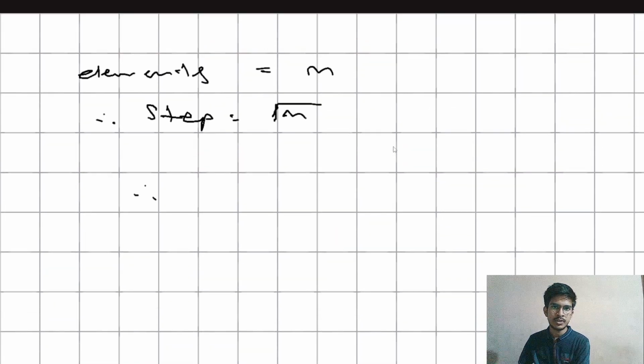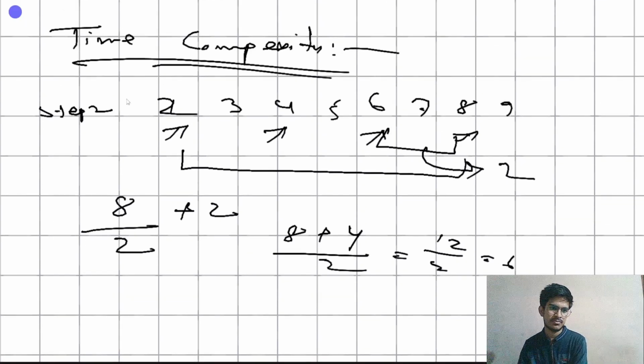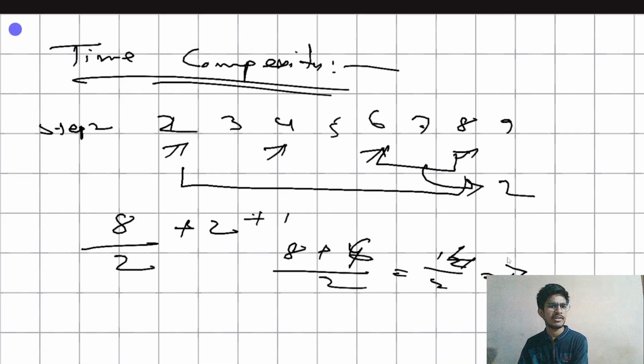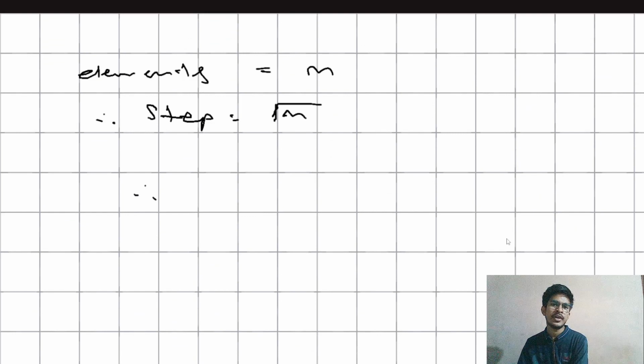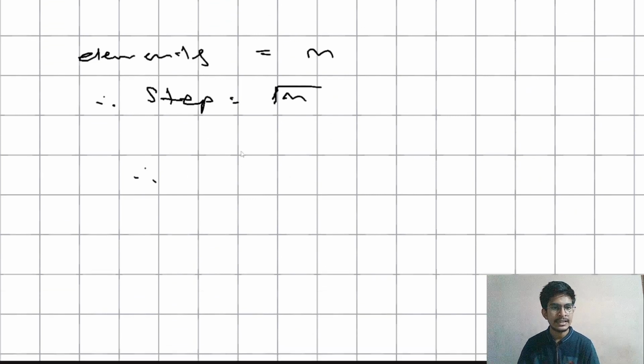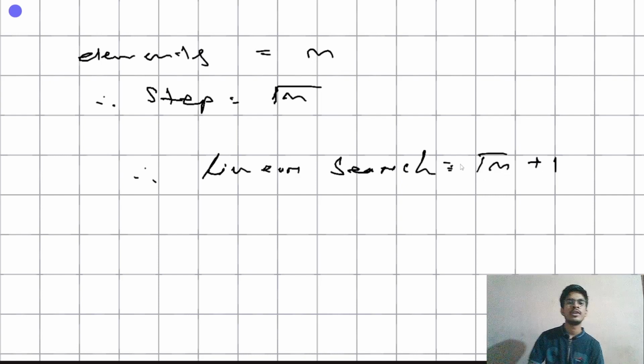So you can say 2 plus 1, it will be 3, and 3 times 2 will be 6, right? 8 plus 6 is 14, 14 divided by 2 is 7. Here the linear search is equal to root of n plus 1.